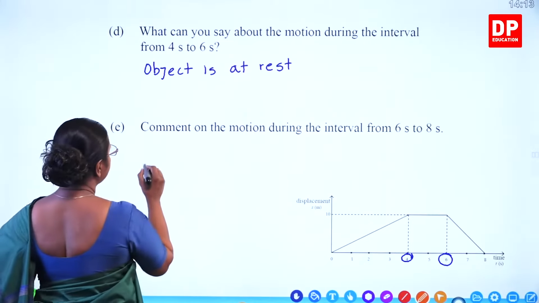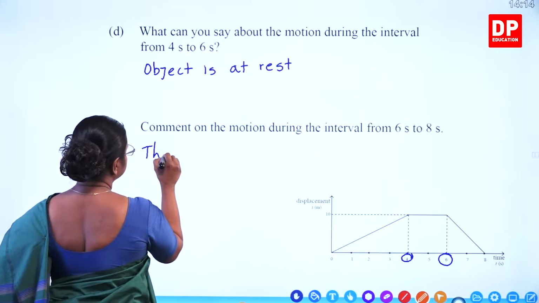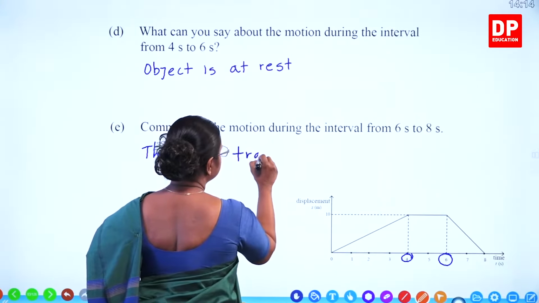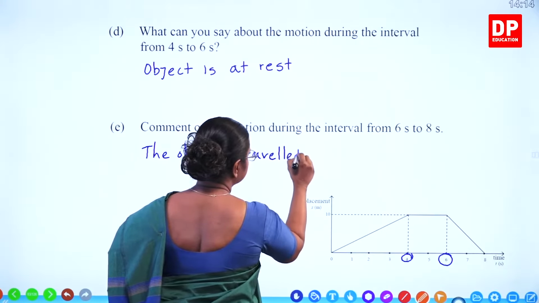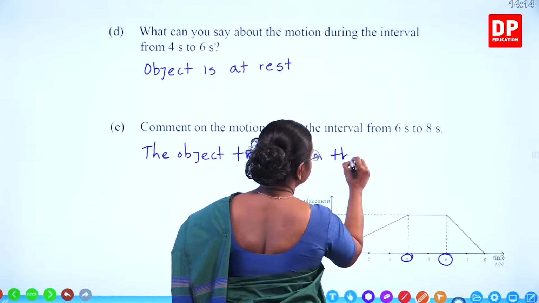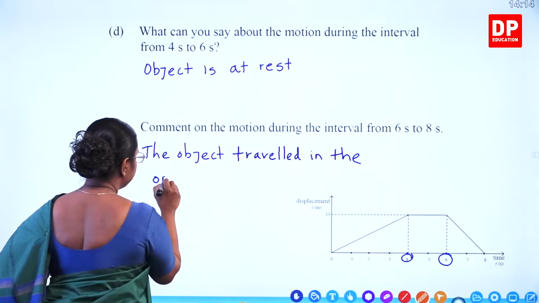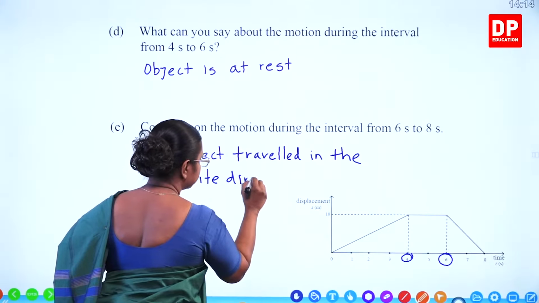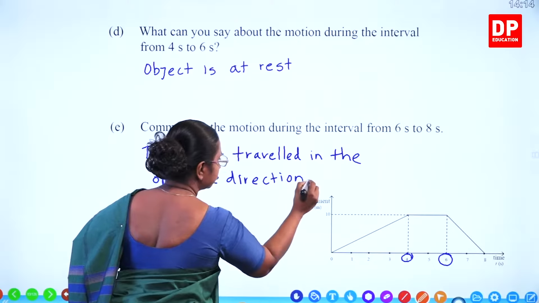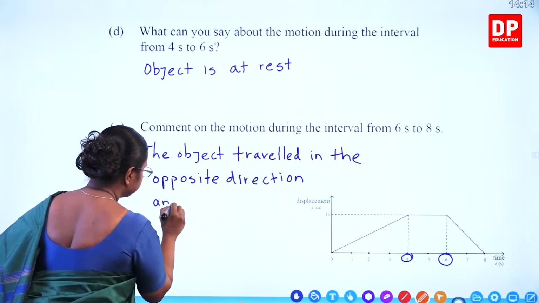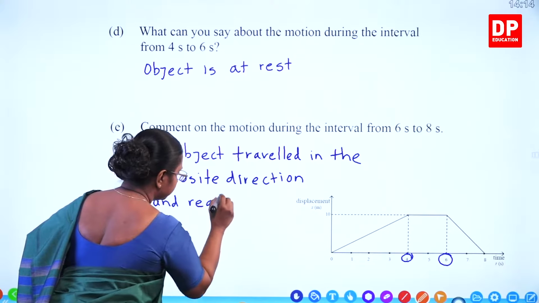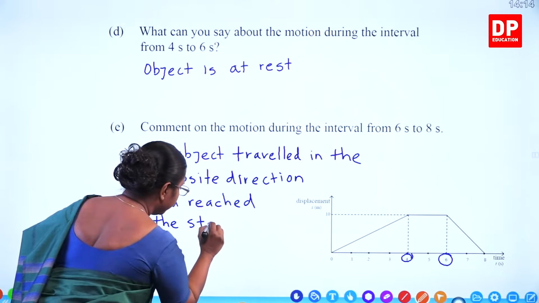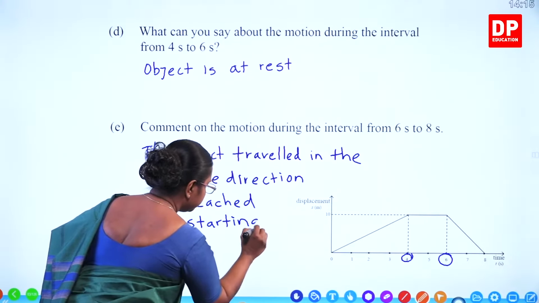So we can write the answer as the object traveled in the opposite direction and reached the starting position.